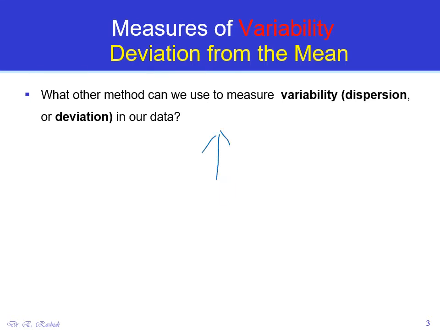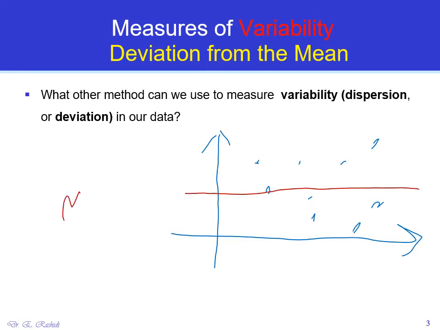Suppose this is the graph of our data, and these are our data points. Suppose this is the mean, the average of our data. What we're going to do is find the deviation, or the distance, of each data point from the mean.